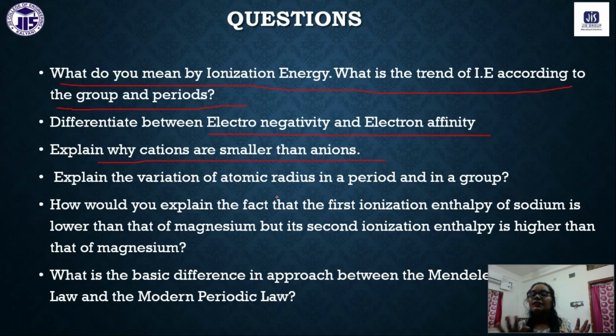So cations mean a smaller number of electrons attracted by the same number of neutrons and protons. The nuclear attraction force is the same, but the electrons decrease. So that is why that smaller number of electrons are more strongly bound with the nucleus than in the previous case. That is why cations are smaller.